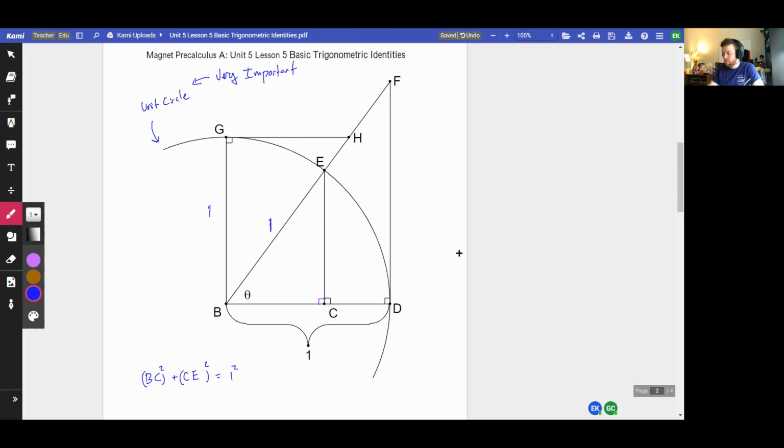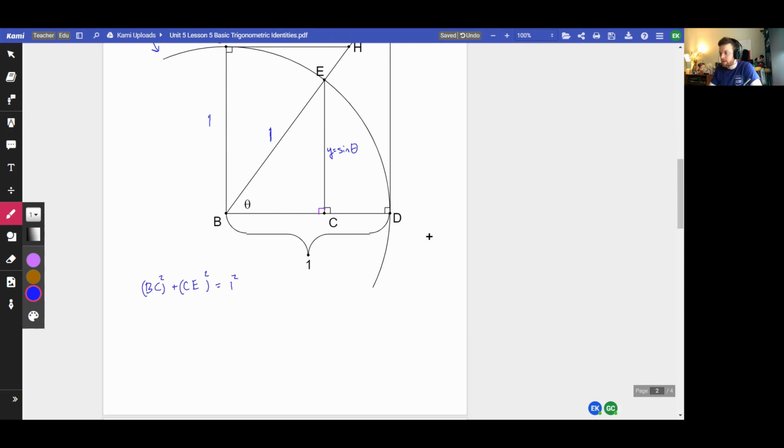And what does that make, let's say, EC? EC is the y coordinate. And so that's going to be sine of theta. So EC, or CE, that's the reflexive property from geometry, is sine theta squared.